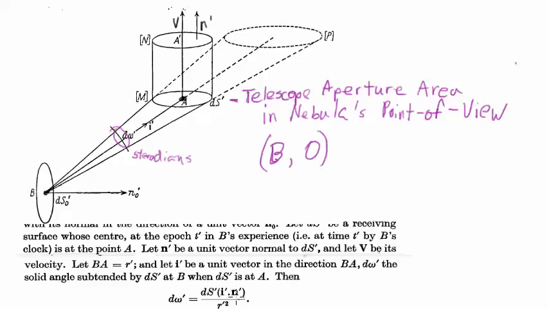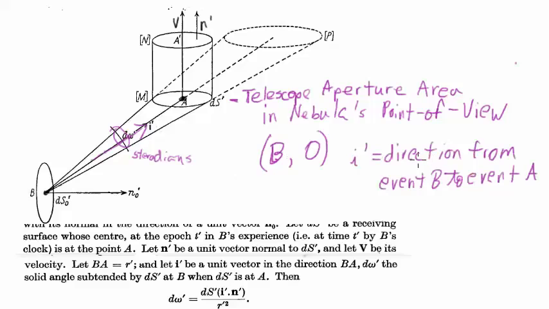This I prime is the direction from event B to event A in the nebula's point of view.